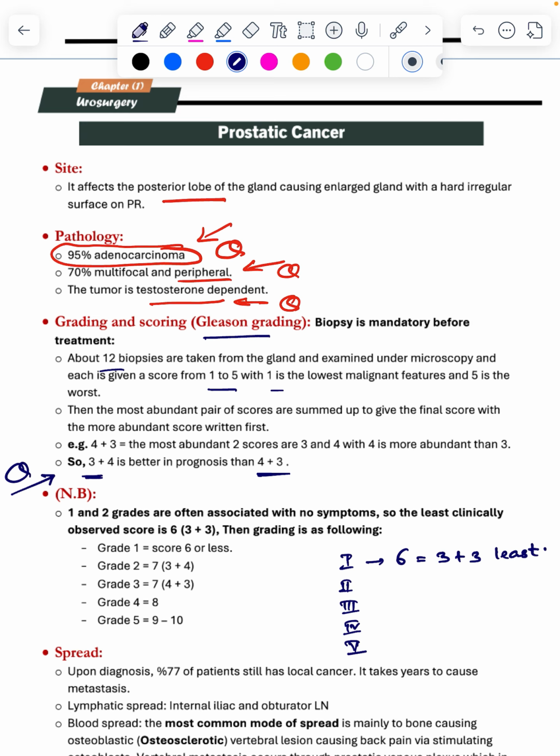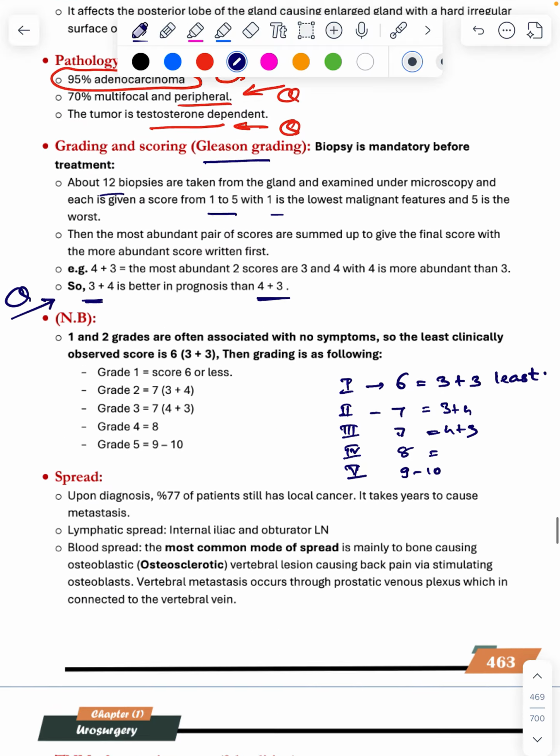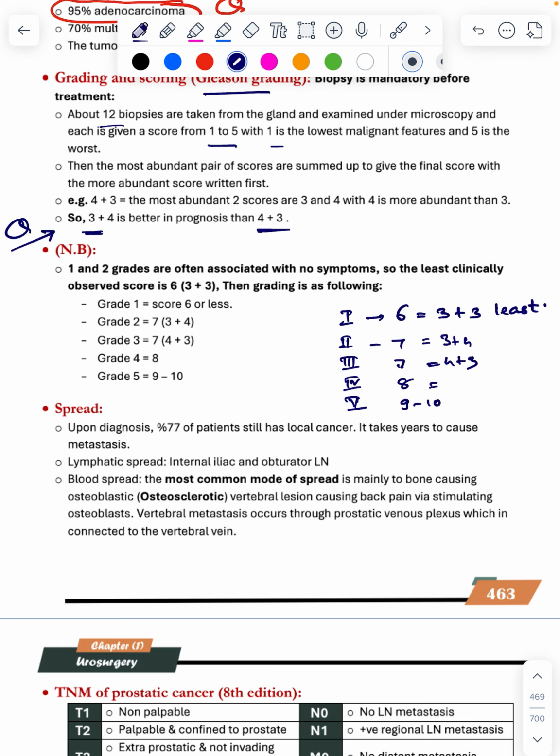There are 5 grades. So it starts from 6, then 7, then the second 7, the fourth is 8, and the fifth is 9 to 10. Why two 7s? Because one is 3 plus 4 and the other is 4 plus 3. Then 8, 9 and 10.